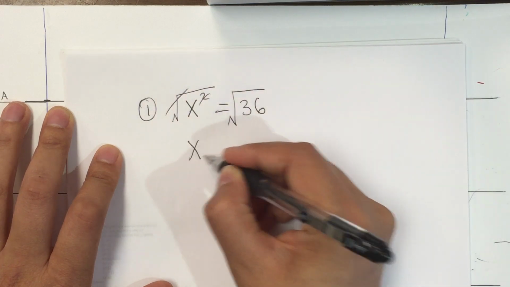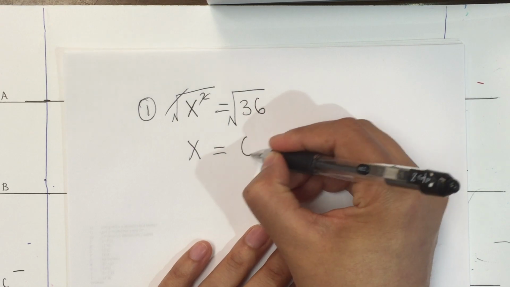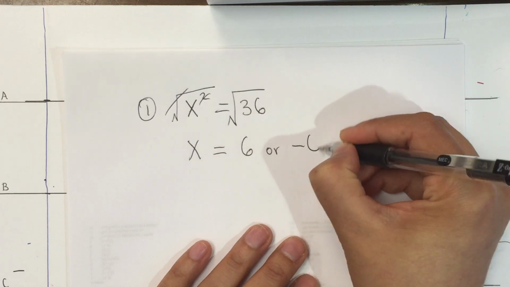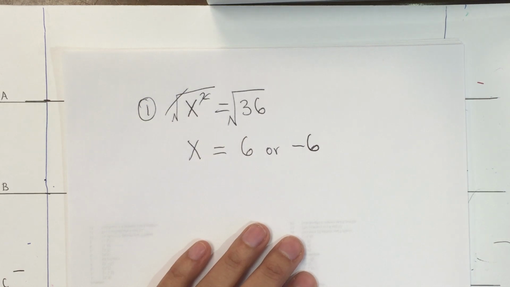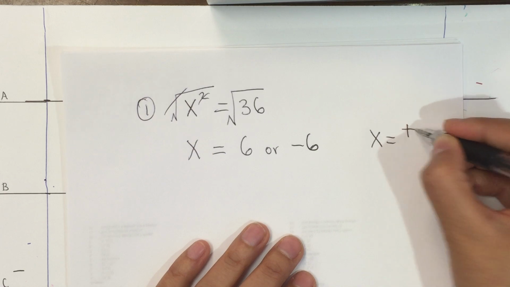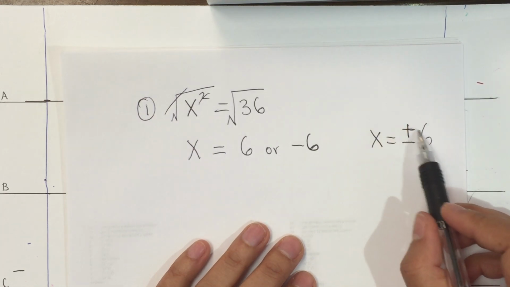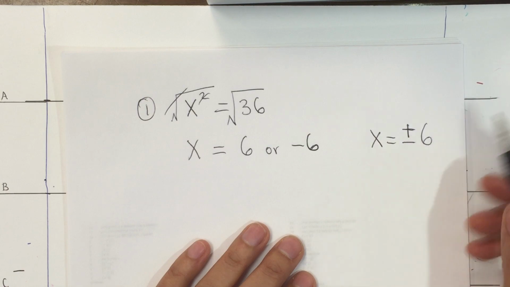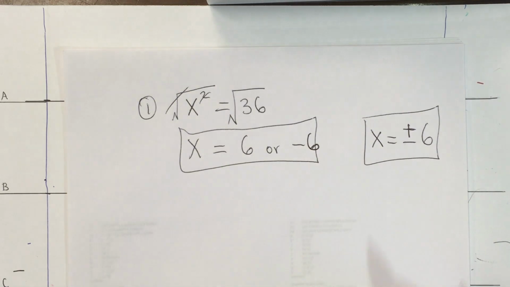And so my x is equal to 6 or -6. So both of these are valuable answers. Another way to express it is x equals positive or negative 6. In here, it includes both answers. Both are correct.